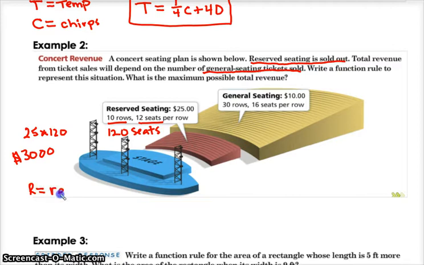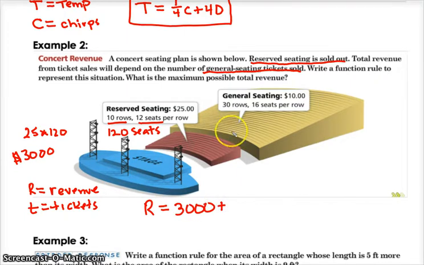R is the revenue, and T is the number of tickets. All right, so to figure out the total revenue, it's going to be what we've already made, the 3,000, plus the number of seats in the general seating. So it looks like I've got 30 rows and 16 seats per row.